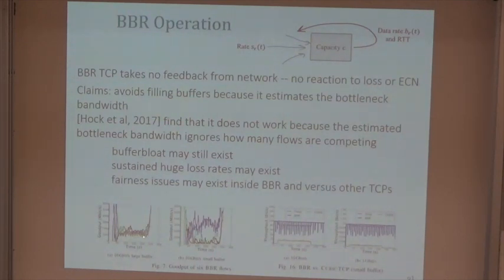Here's another example that is showing also a random outcome. This is all BBR flows on the same bottleneck link, and you see that some BBR flows are unlucky, some are lucky. Which essentially means that BBR is trying to estimate how much can I get by inserting myself into this link.